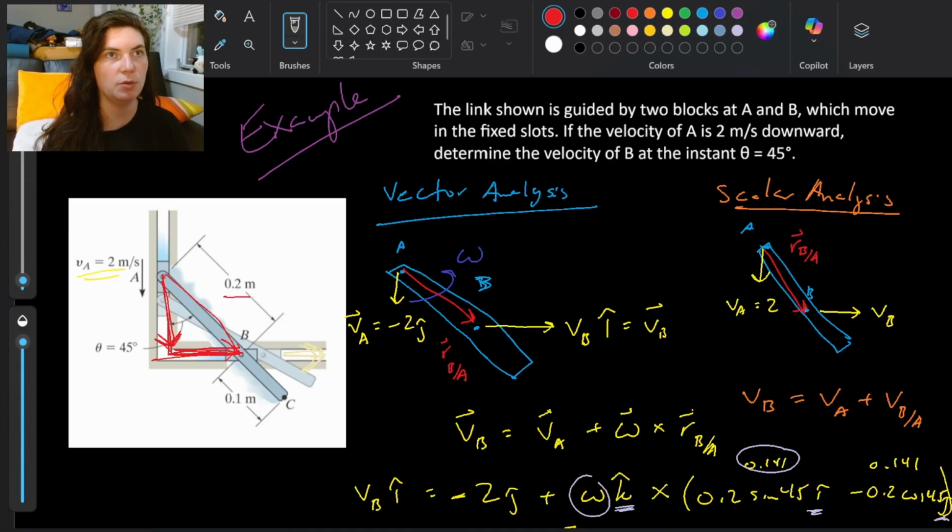And so that vb with respect to a acts perpendicular to our rb with respect to a. So this guy, vb with respect to a.